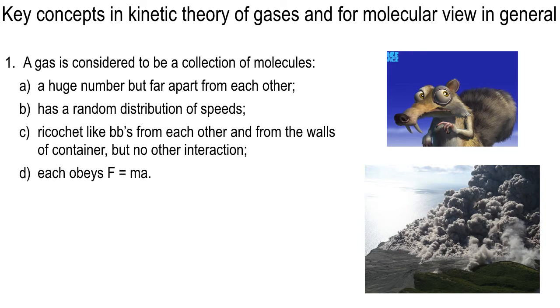In the kinetic theory of gas, however, one exception is made. And I guess you can make this 1e. We do not take into account gravitational interactions for the most part, because gravitational interaction is extremely weak compared to every other interaction.